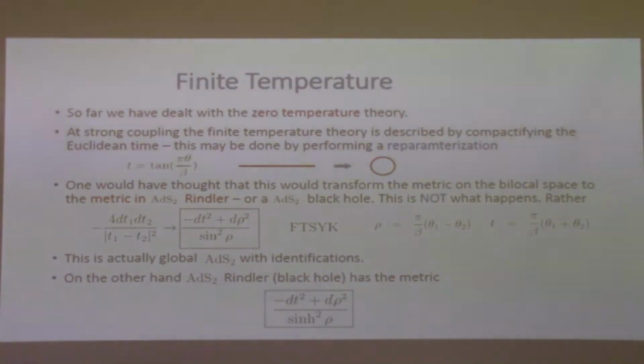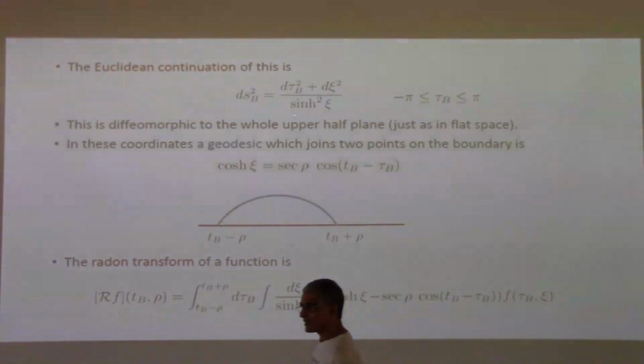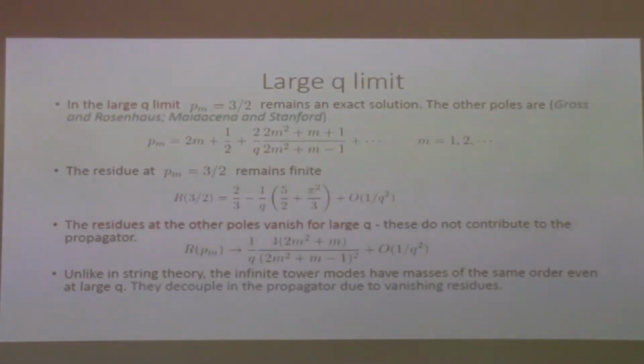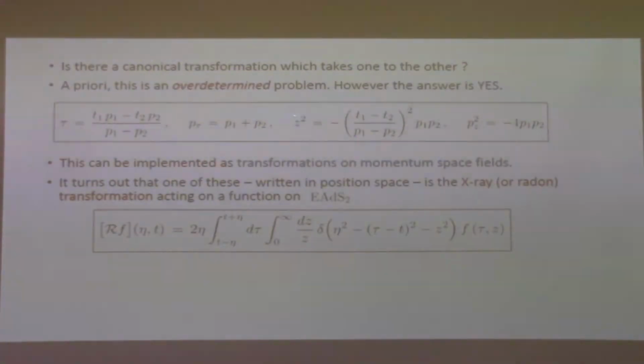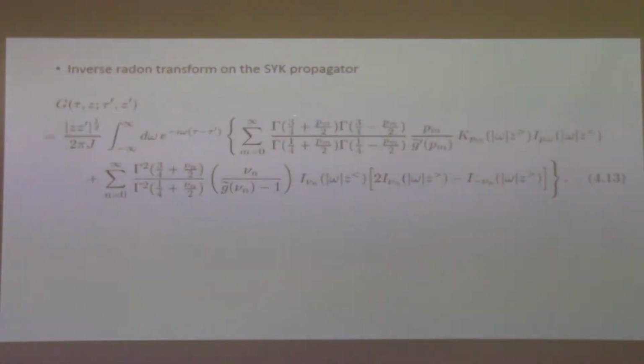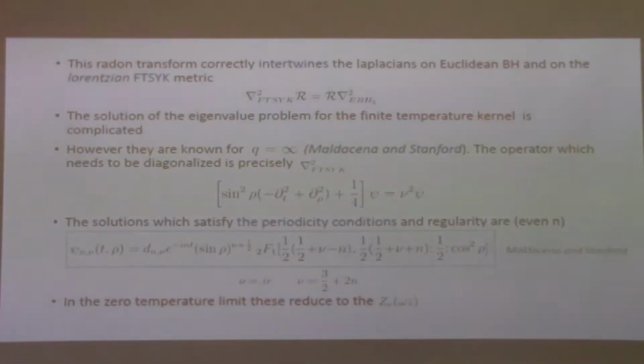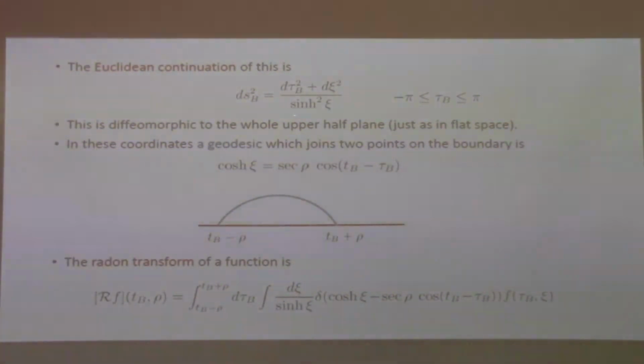in that space. On the other hand, if I ask what is the AdS2 Rindler or the black hole metric, it is this thing with a sine replaced by sinh. So the Euclidean continuation of that AdS Rindler is the Euclidean AdS black hole, which is just a piece taken out, which is given by this metric.